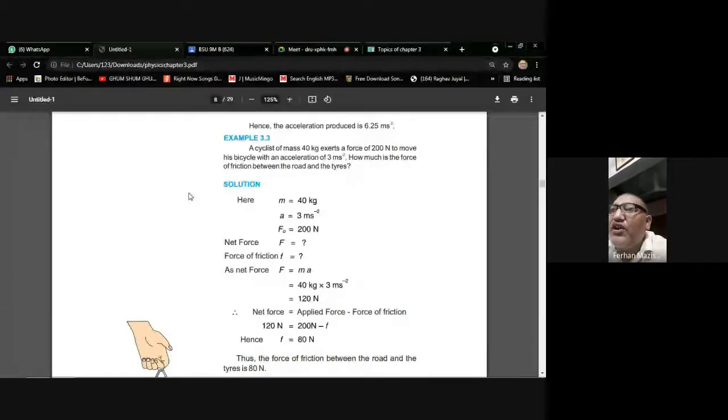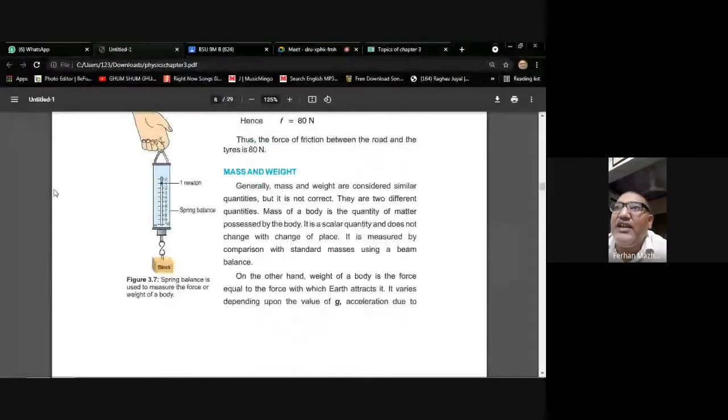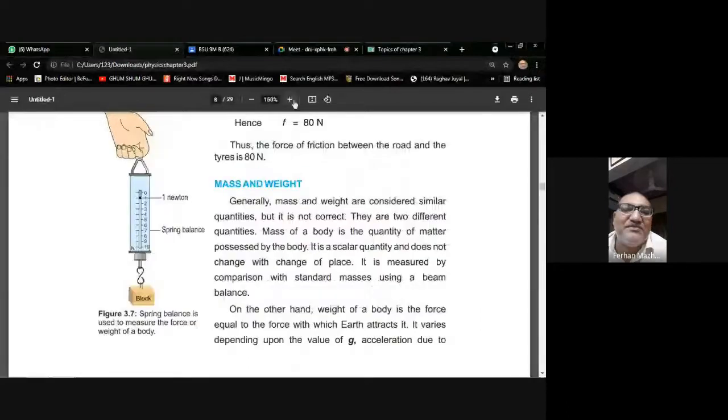Good. Okay, so now we come to another very famous term. Two terms which in our daily life we take as the same, but in physics both have different meanings: the mass and the weight.